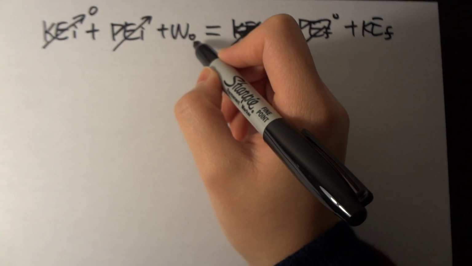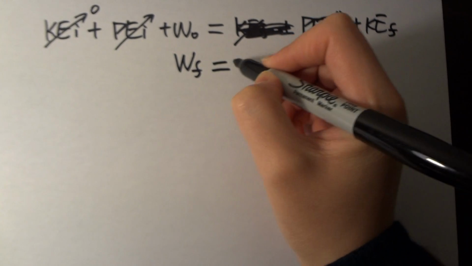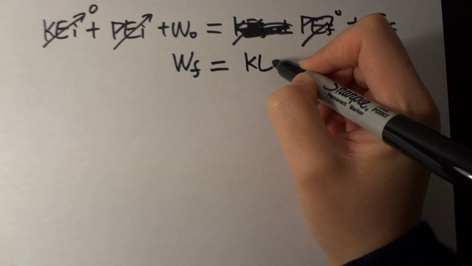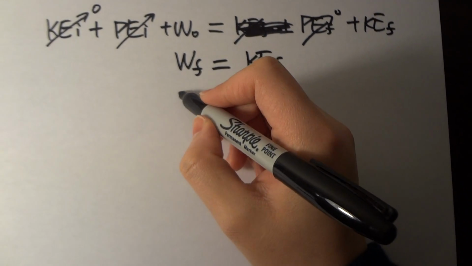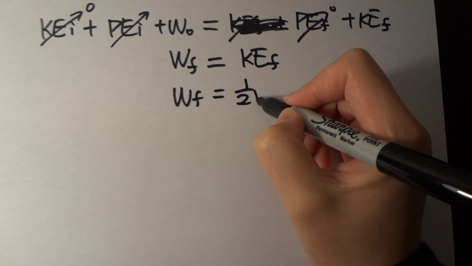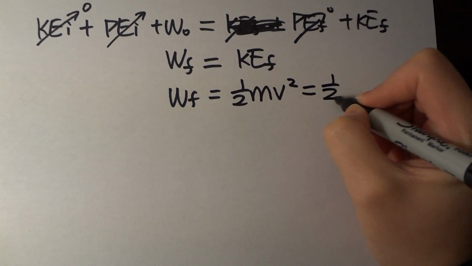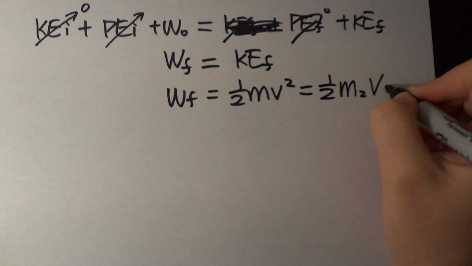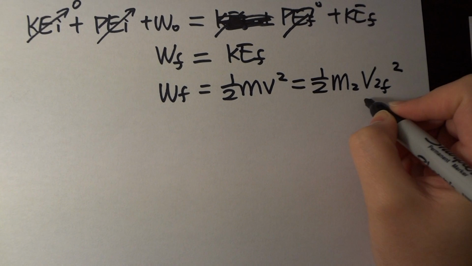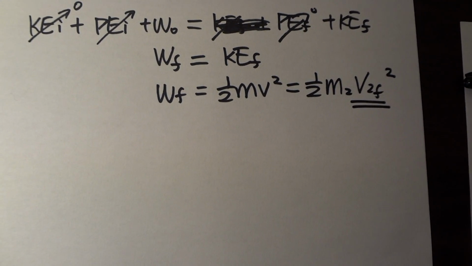The work done by others is actually the work done by friction. It's equal to KEF. The work done by friction is 1/2 mv squared, which is 1/2 m2 v2 final squared. But we don't know the final velocity of the block.